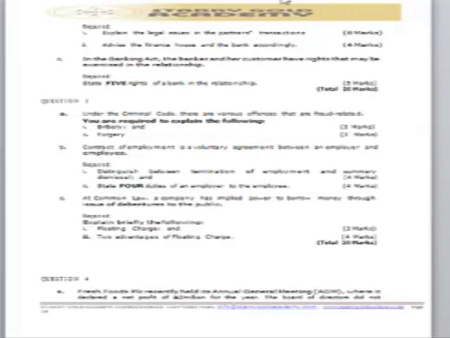So what this question is actually referring to has to do with what the bank is expected to enjoy from its customer. In a nutshell, what it's trying to say is, what are the duties of a customer to a banker? That is the straight question: the duties of a customer to a banker.